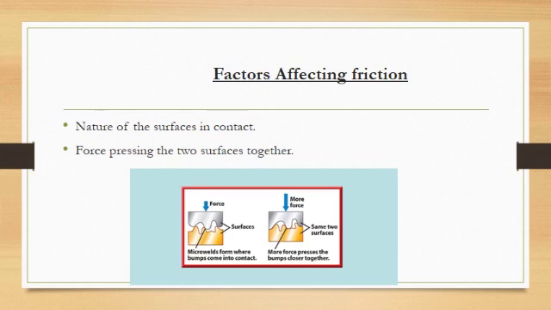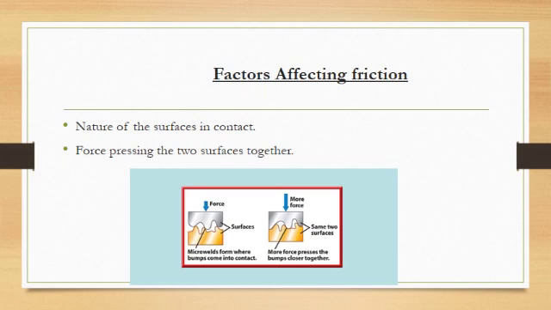Look at the figure that is given on your screen. There are irregularities. You already know that irregularities present on the surfaces of two objects in contact are the cause of the force of friction. The more the force applied, the closer the bumps or irregularities come, and they interlock more strongly with each other.